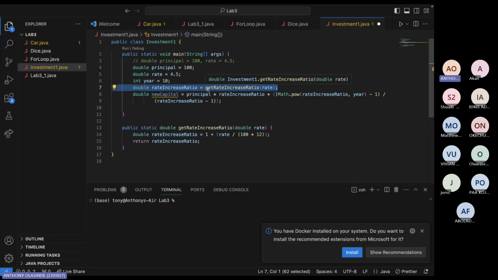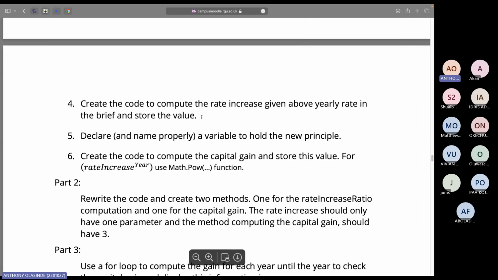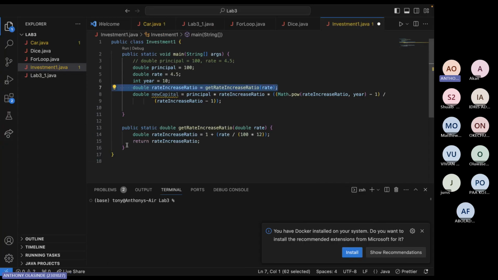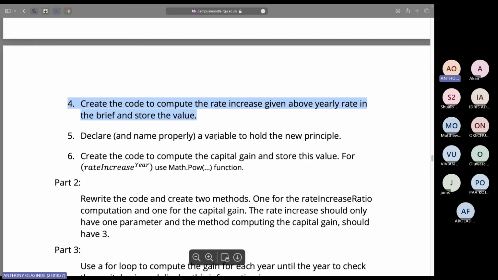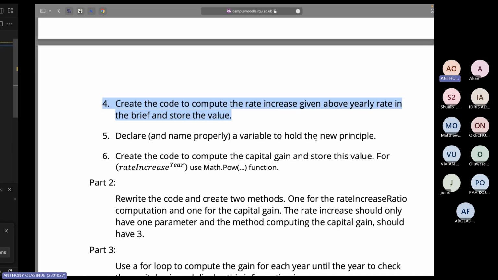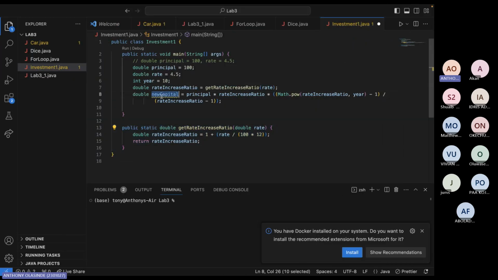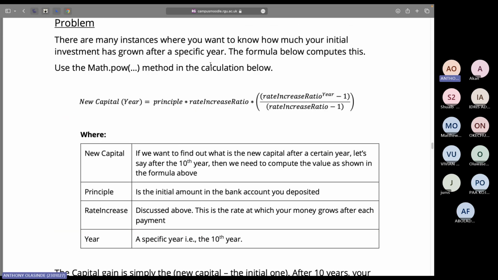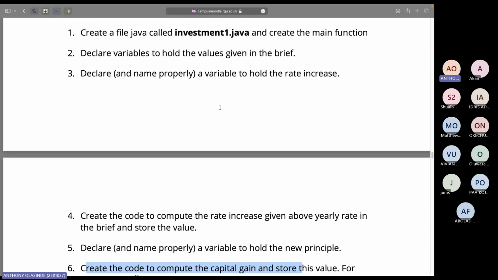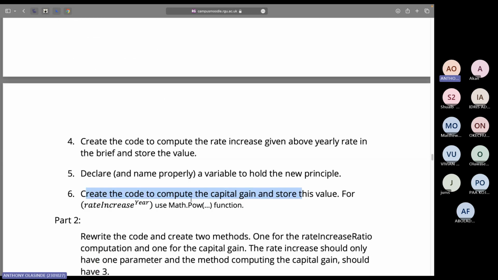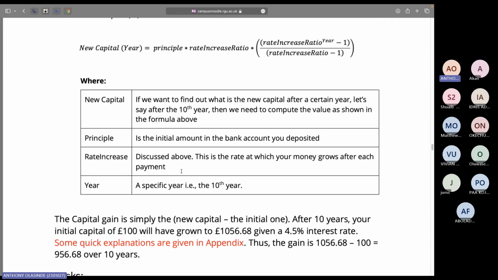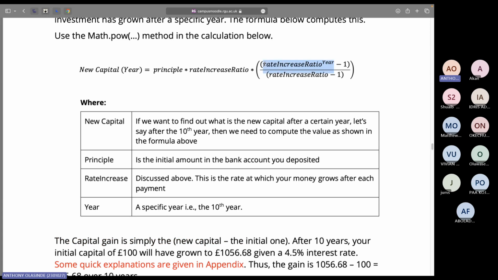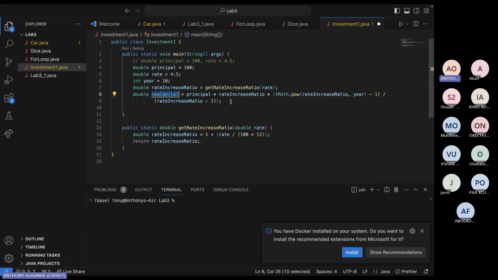You create the variable, we created the variable, then we wrote the code for it, which was this one. Then declare and name properly a variable to hold the new principal. So we are just calculating the new principal, and then create the capital gain, which was this, the new capital. Then use Math.pow to do this, which we've done. So that marks the end of that whole chapter.